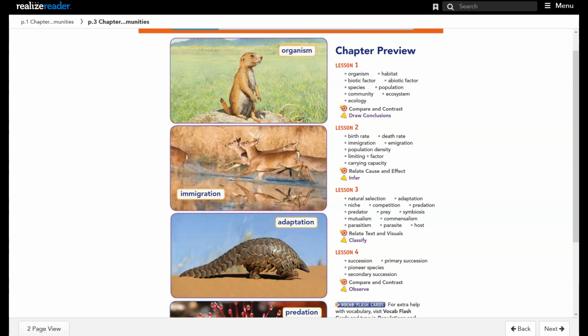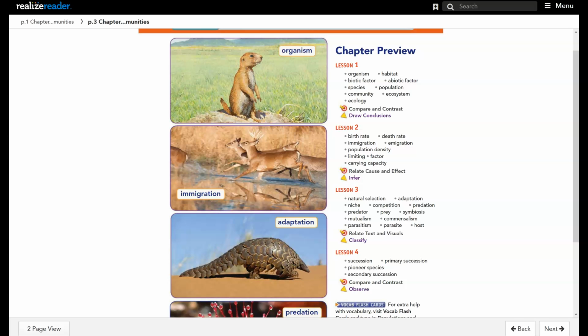These are the words that we're going to be discussing throughout Chapter 1. Take time as I read these words and jot down the ones that you do not know 100% on a notebook or a piece of paper.